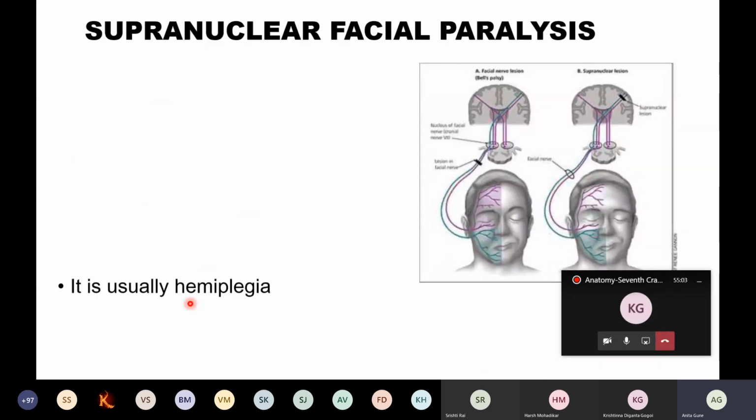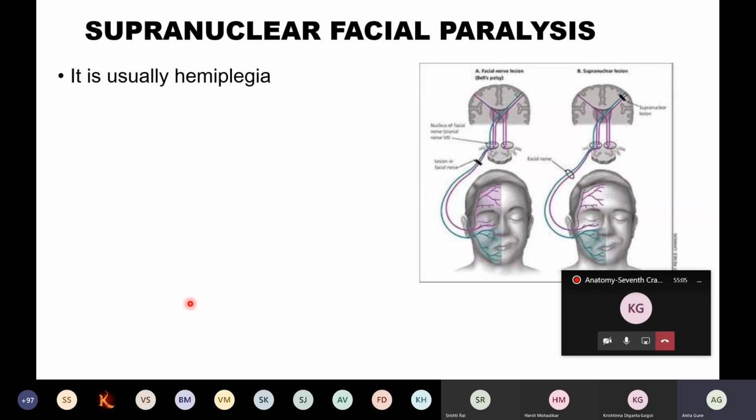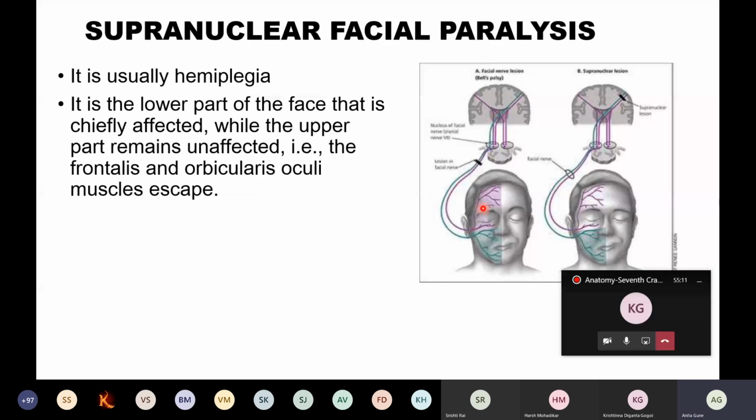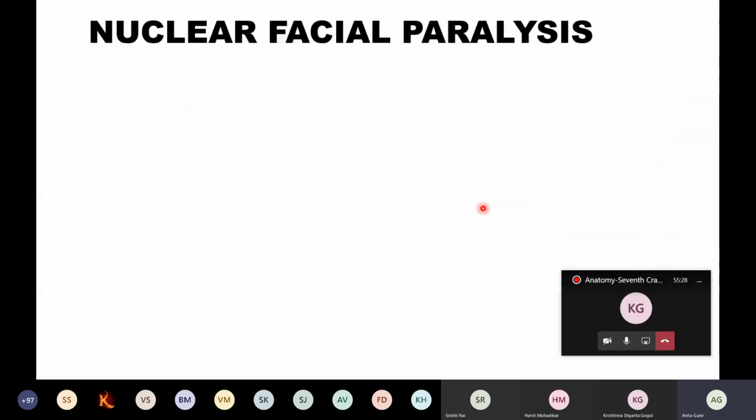The supranuclear paralysis: we said the fibers supplying the upper part, the forehead and the eyelid, have bilateral control, so they will be spared in the upper motor neuron paralysis, or supranuclear paralysis. So there will be opposite side face paralysis, but only the lower face will be paralyzed. The upper part of the face will be spared.